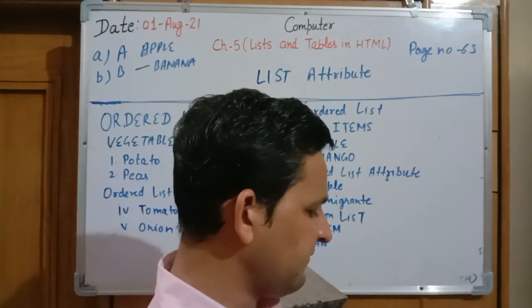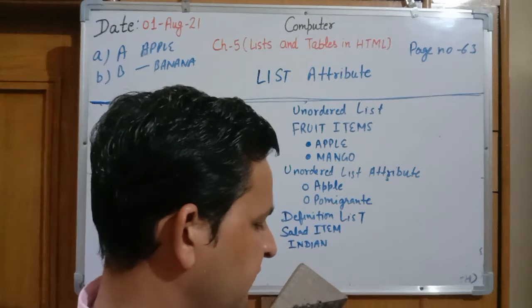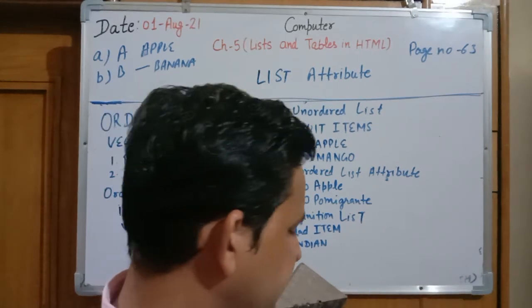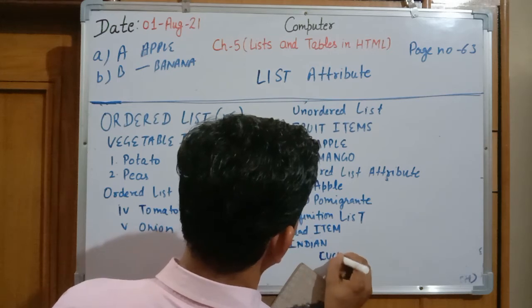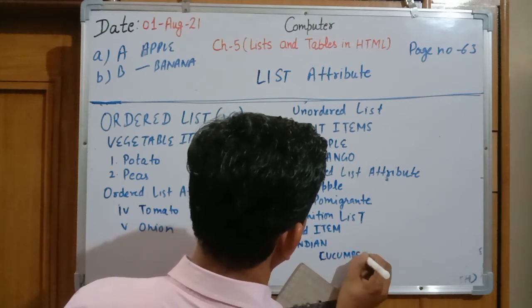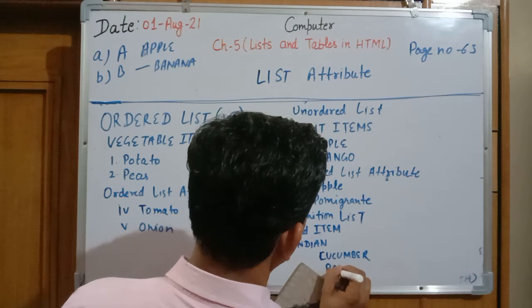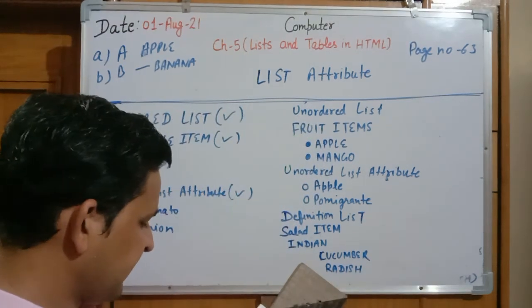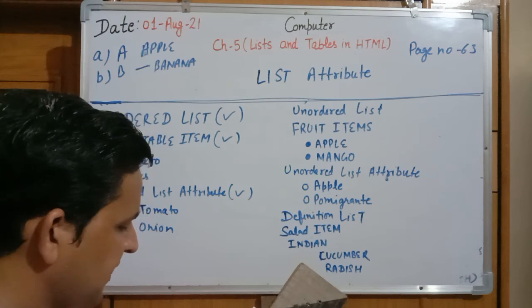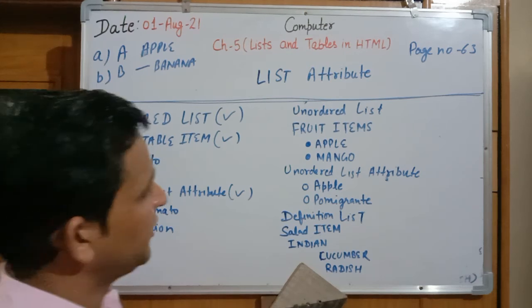In Indian salad they have taken two definitions. One is cucumber, second is radish. So it will become, under it, cucumber and radish. Next they have taken again a data term. Now the data term is imported.